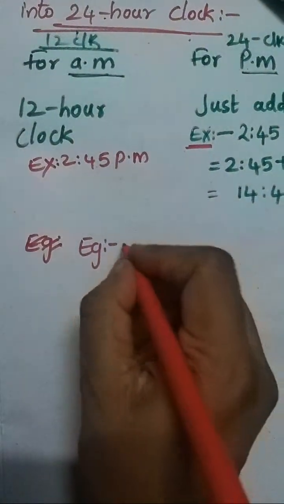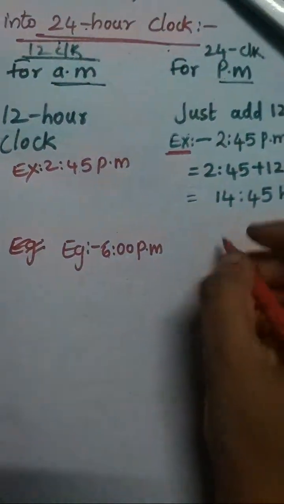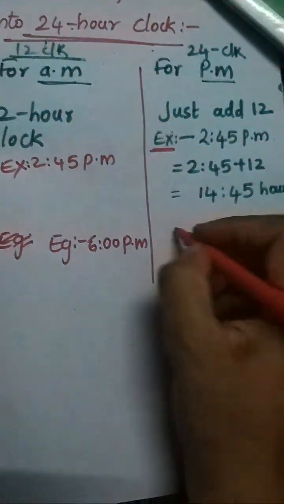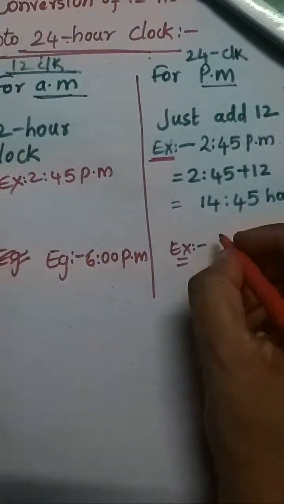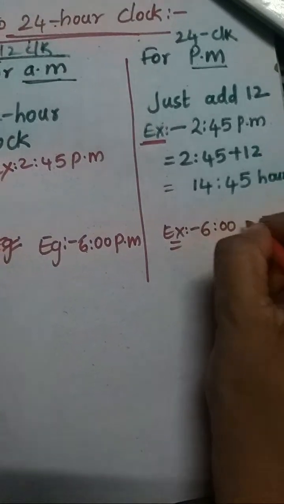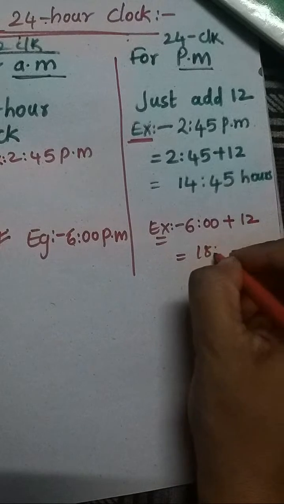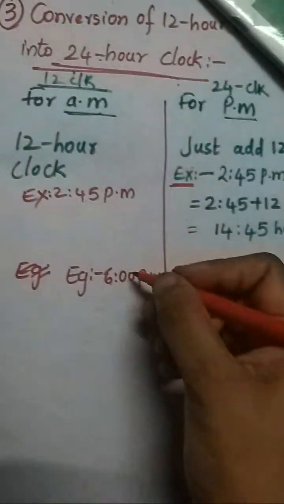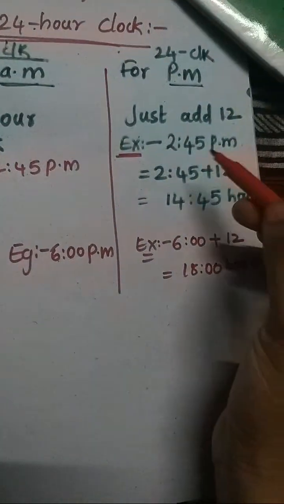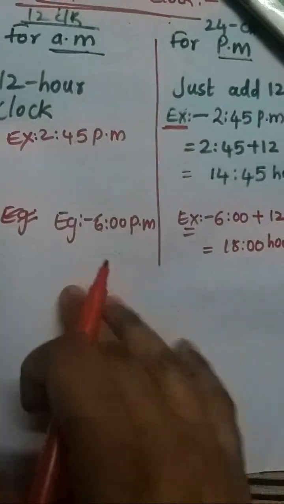Another example, 6 PM is given. In the 24-hour clock we say 6 PM plus 12, that is 18 hours. We have to add 12 to the 12-hour time to get the 24-hour time. We say 18 hours.